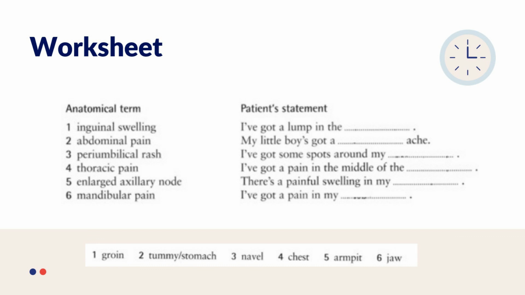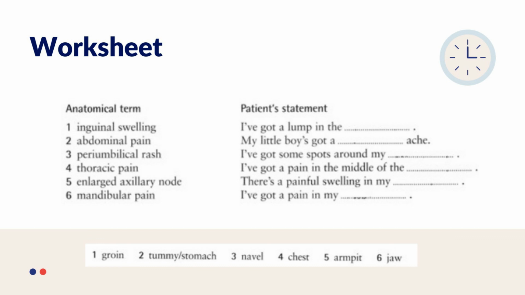The next one is periumbilical rash. Its correct answer is navel. I've got some spots around my navel. Next, thoracic pain. Its correct answer is chest.